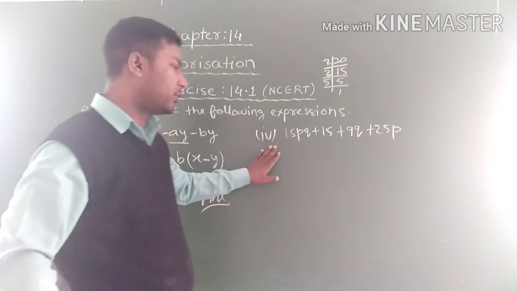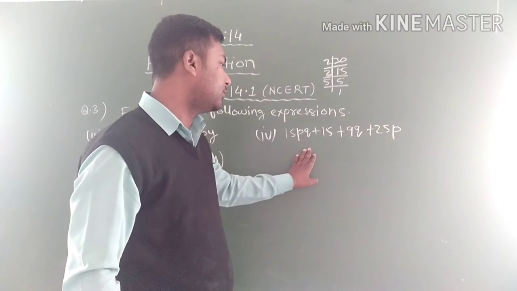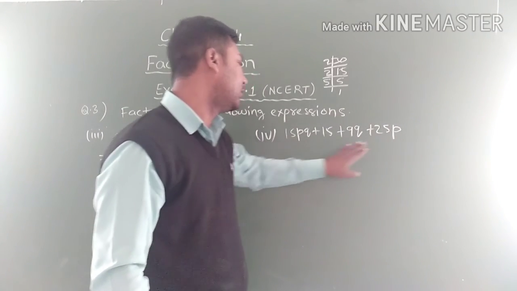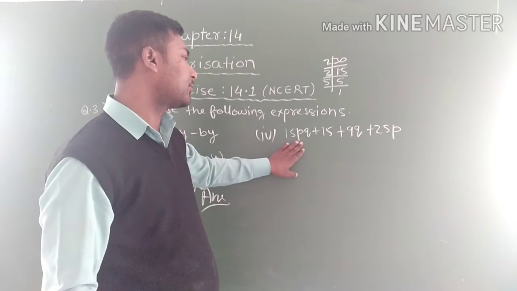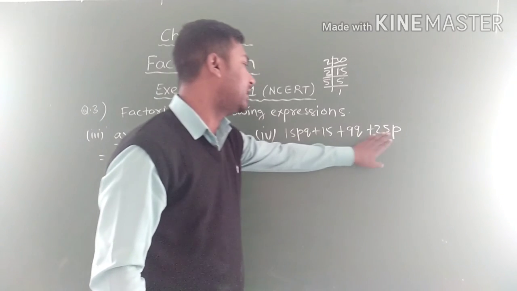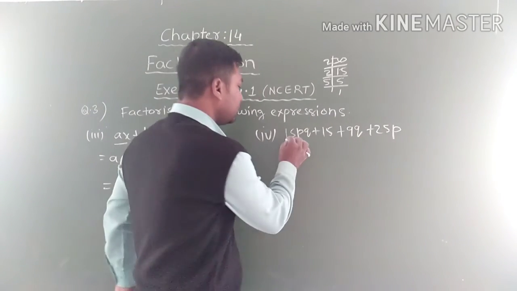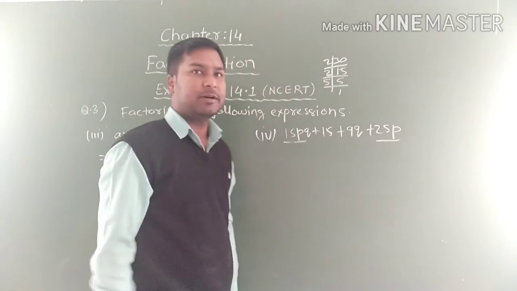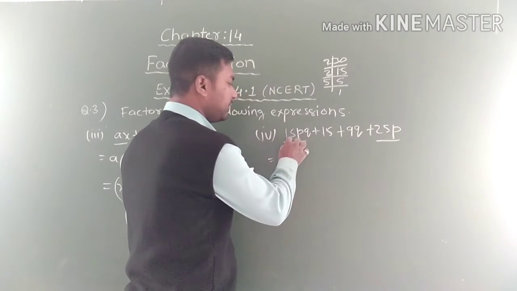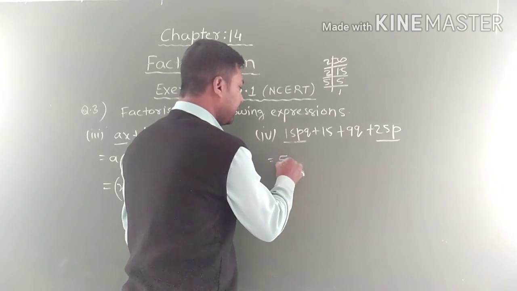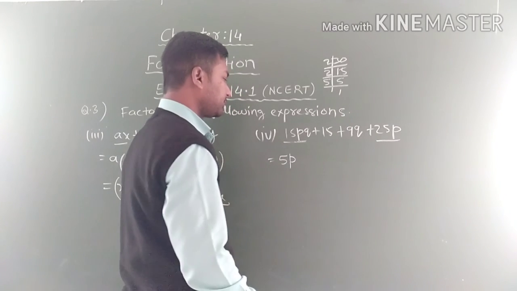Now the fourth one is 15pq, 9, 25p. Okay, so 15pq and 25p. In these two terms, we can take as a common. So 5p we can take as a common.